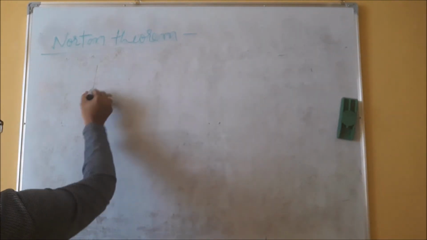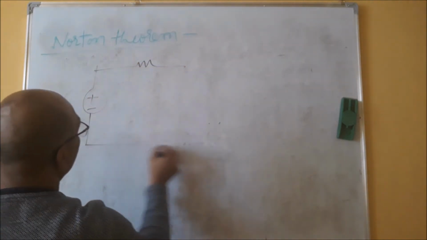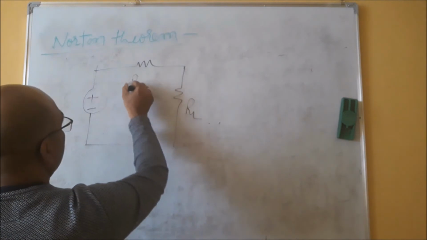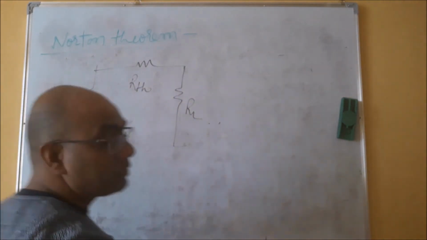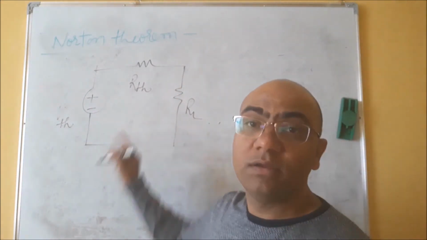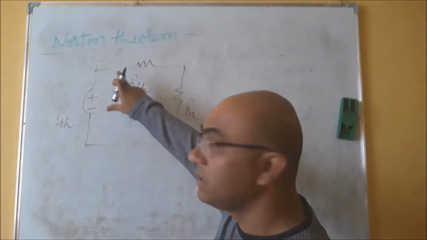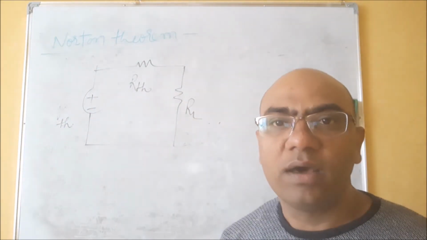Suppose I am having this Thevenin equivalent circuit having voltage source VTH and resistance RTH in series connected with load RL, right?